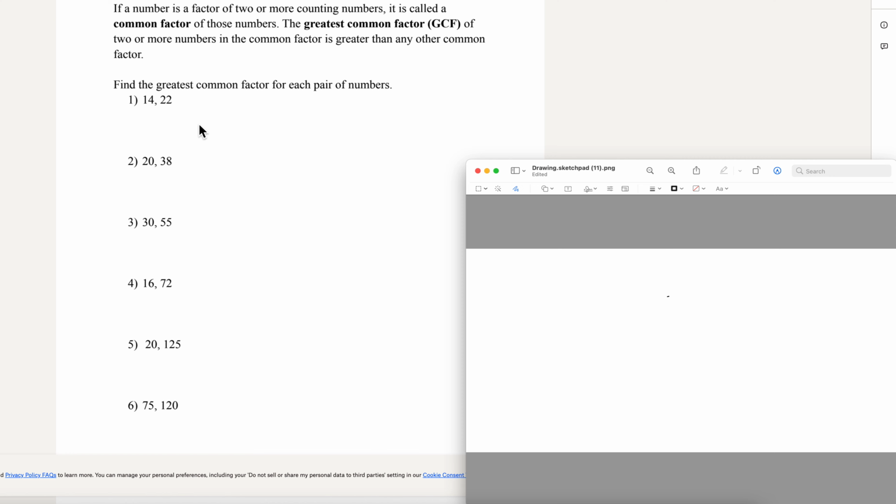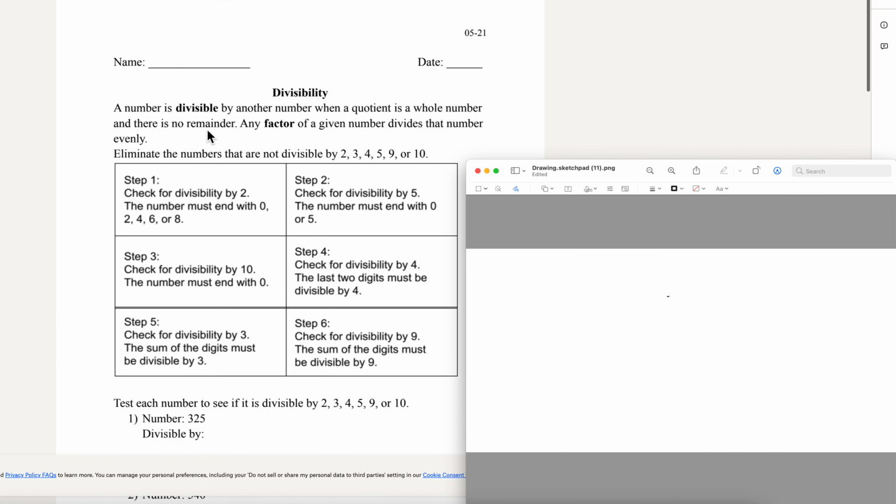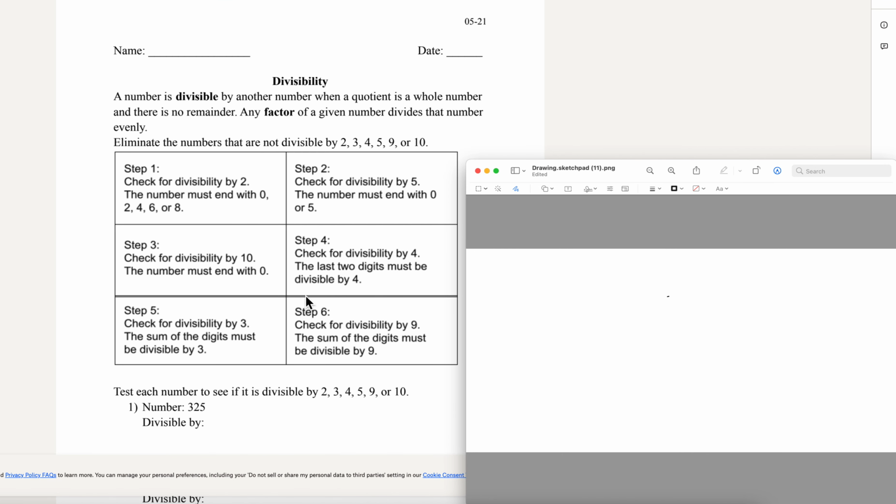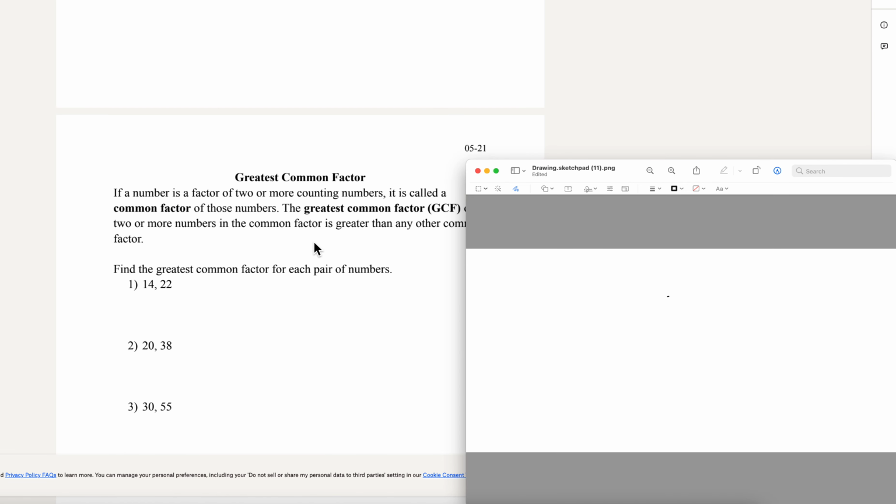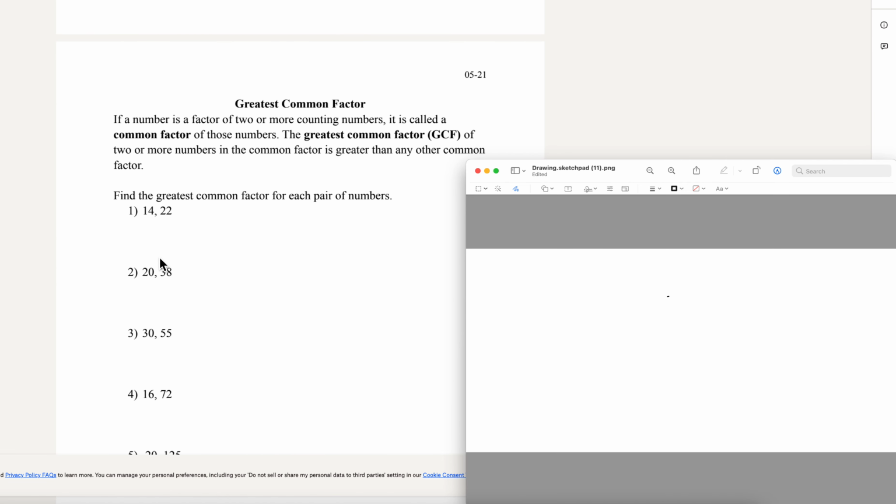Using the divisibility steps here, we can tell that number 1 would be 2, since that is the number that could divide both 14 and 22. And number 2 would be the same, since 20 and 38 are divisible by 2.